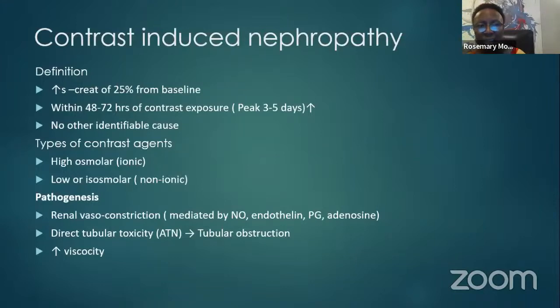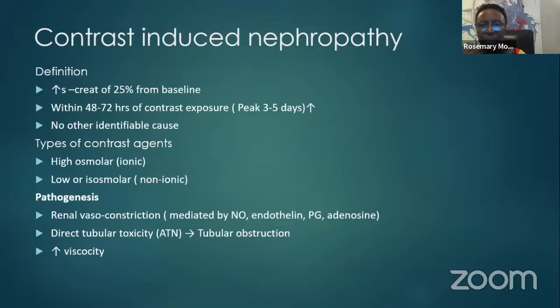The type of contrast agent, you would want to know whether your patient used the high osmolar or the low or isoosmolar. The pathogenesis, basically contrast is going to cause your renal vasoconstriction, which is mediated by your nitric oxide, your endothelin, your prostaglandins, and your adenosine. Nitric oxide is a vasodilator, endothelin is a vasoconstrictor, prostaglandin is a vasodilator.